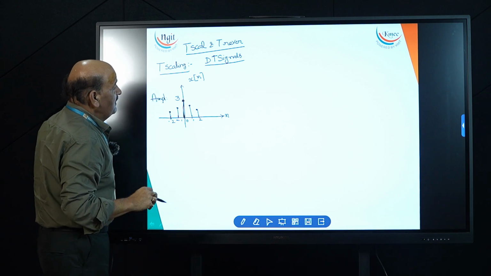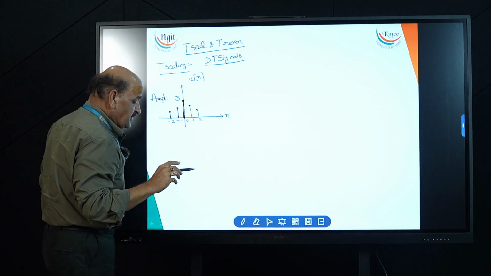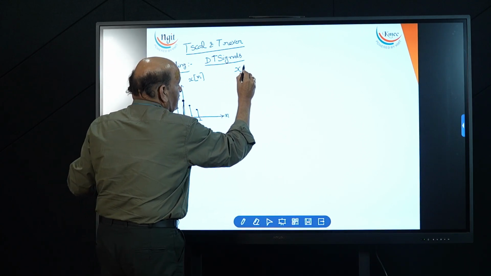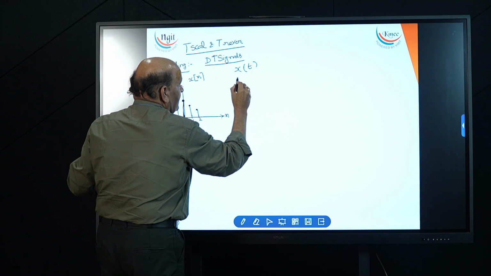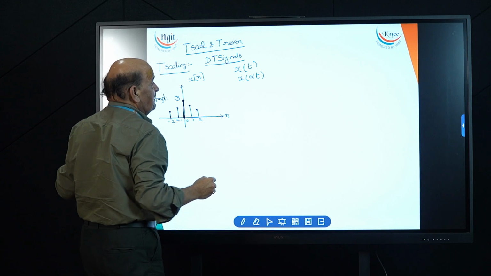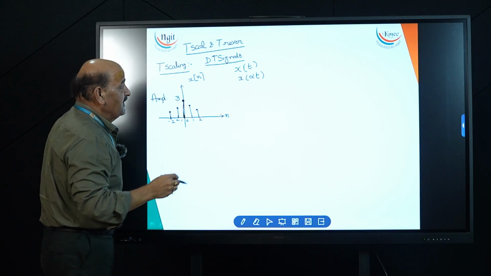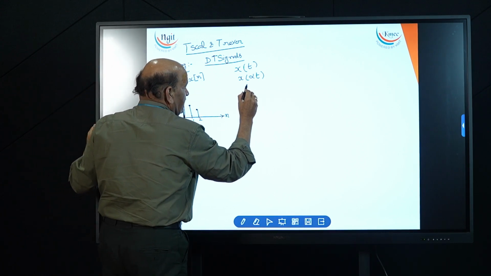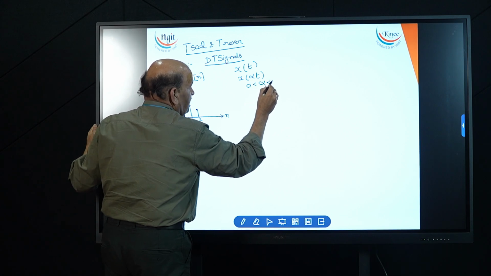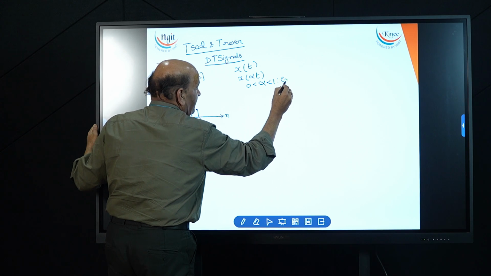Now, as we said, in continuous time signals, if x of t is a signal, then x of alpha t is the time scaling of the signal. Two cases arise. If alpha is greater than 0 but less than 1, it is expanded.